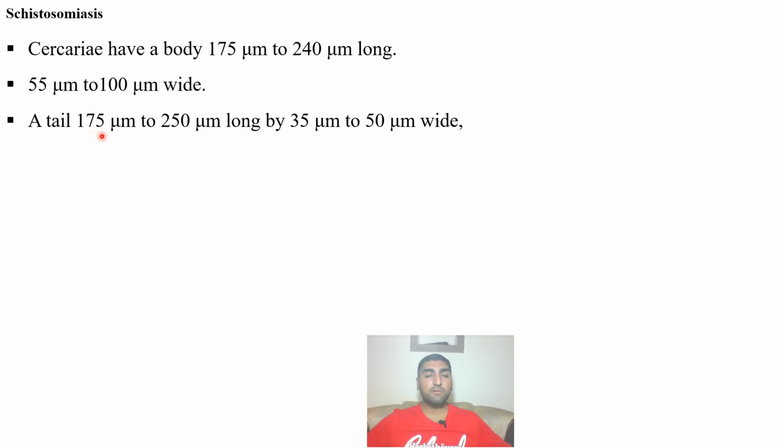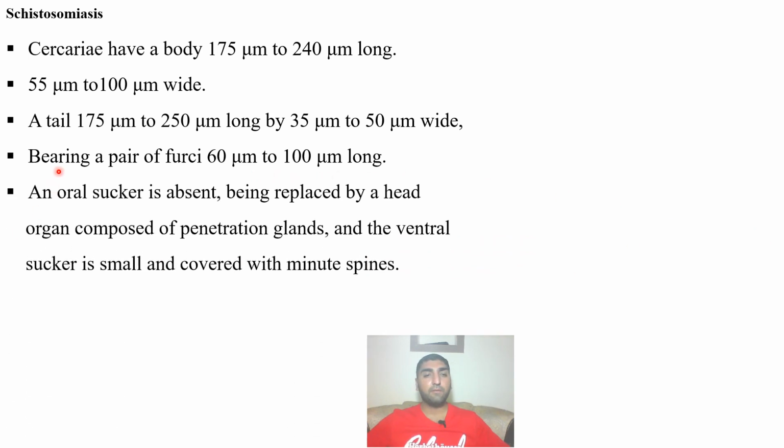Its tail is 175 to 250 micrometers long, and 35 to 50 micrometers wide, bearing a pair of furcae 60 to 100 micrometers long, that bifurcated tail.